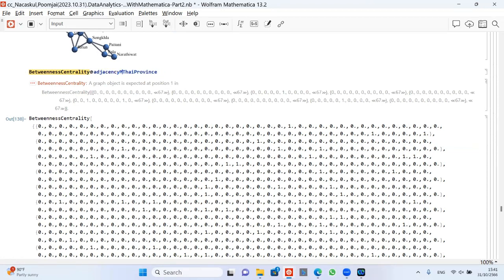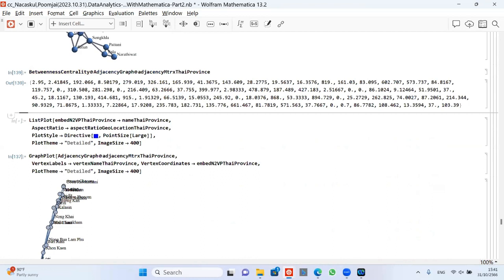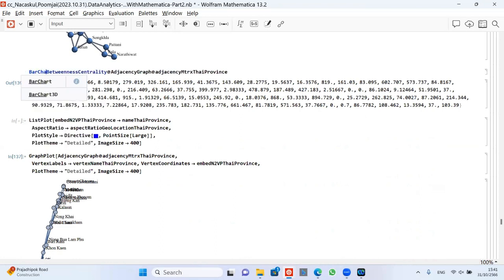I have the matrix already, but I have to make it into a graph first. Remember the adjacency matrix is kind of like data. So that's it. That's the importance. Now let's bar chart this.